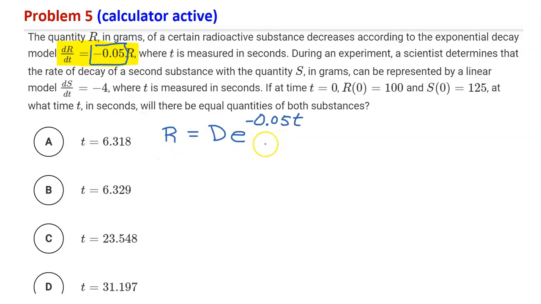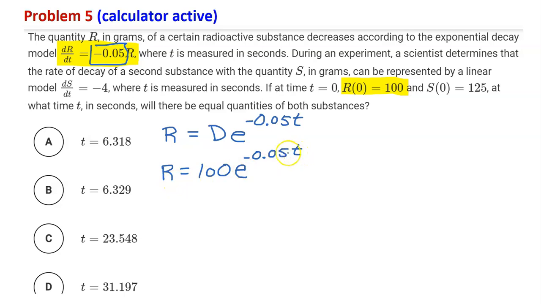So we have this, but we actually know what D is also. This D is always the initial amount of whatever it is. And they told us that R(0) is 100. So D is 100. So we have this equation for the amount of substance R at time t.